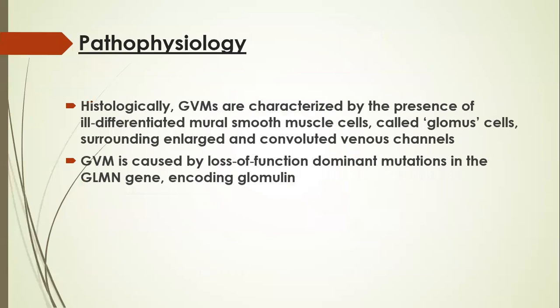Pathophysiology. Histologically, glomovenous malformations are characterized by the presence of ill-defined mural smooth muscle cells, which are called glomus cells, surrounding the enlarged, dilated and convoluted venous channels. GVM is caused by loss of function mutation in the GVM gene encoding glomulin.